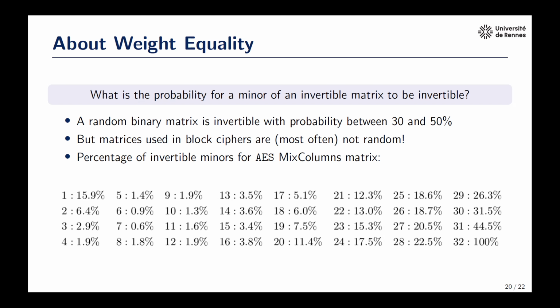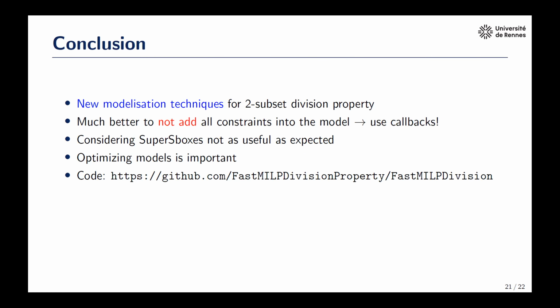And so I think, I have no proof, but I think this is why this modelization is not very efficient. You will have a lot of non-invertible minors, and so you will have to add a lot of inequalities if you use it. So in these papers, we propose new modelization techniques, and I'm sure they can be used to improve modelizations for other cryptanalysis techniques.